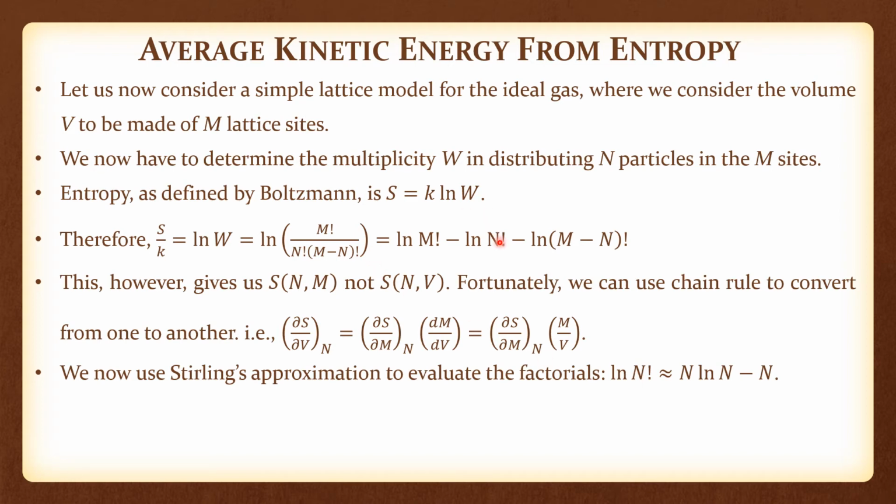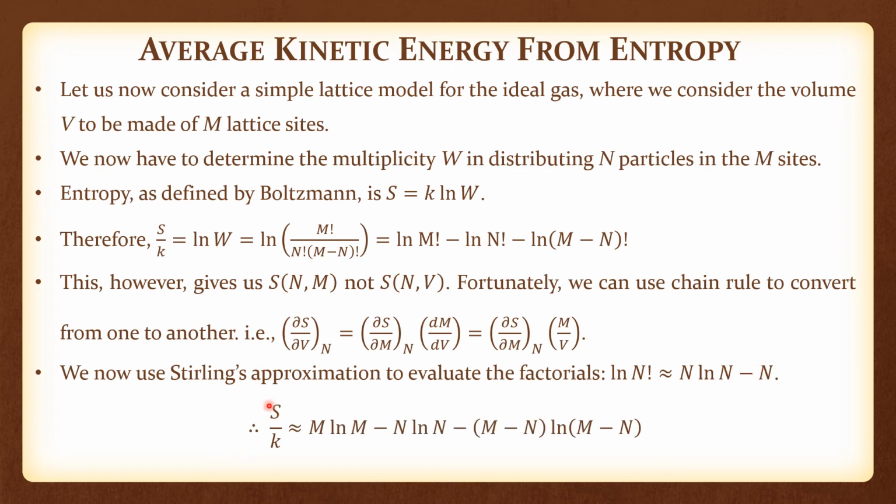Since we are looking at Avogadro numbers of molecules, m has to be much larger than the Avogadro number, because the density of the gases is very small and the gas molecules hardly encounter each other, so there must be many empty unoccupied sites. Therefore both m and n handily satisfy the requirement for using Stirling's approximation. Therefore ln of n factorial can be approximated as n ln n minus n.